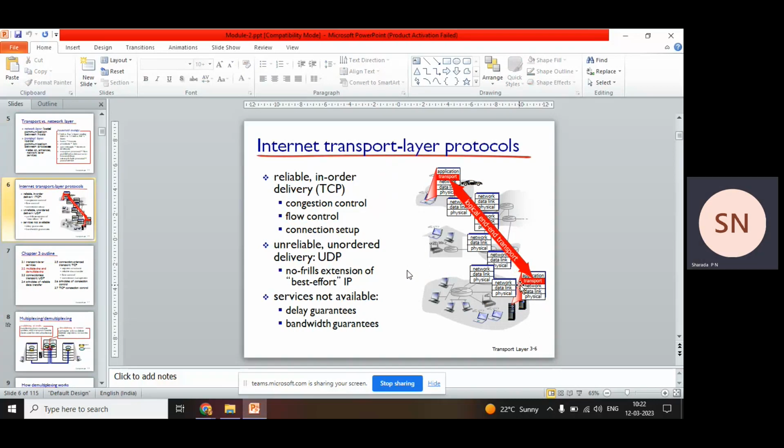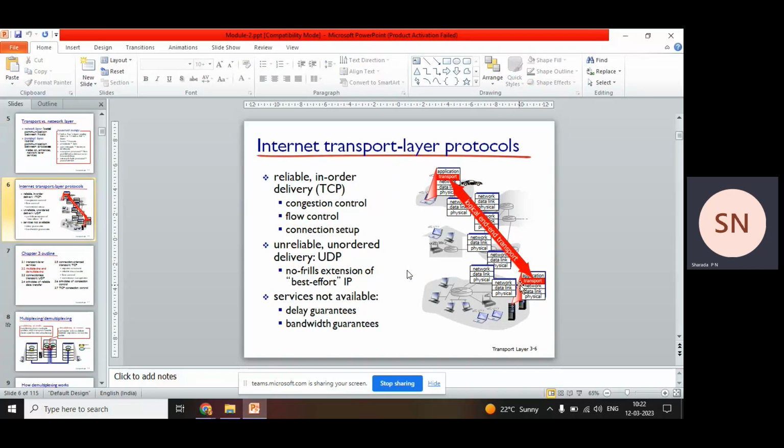A transport protocol provides logical communication between processes running on different hosts, whereas a network layer protocol provides logical communication between hosts. Within the end system, the transport protocol moves the message from the application process to the network edge and vice versa, but it has no say about how the message moves within the network core.